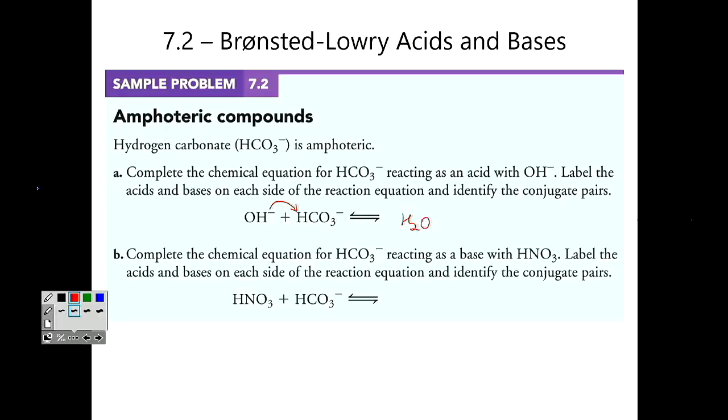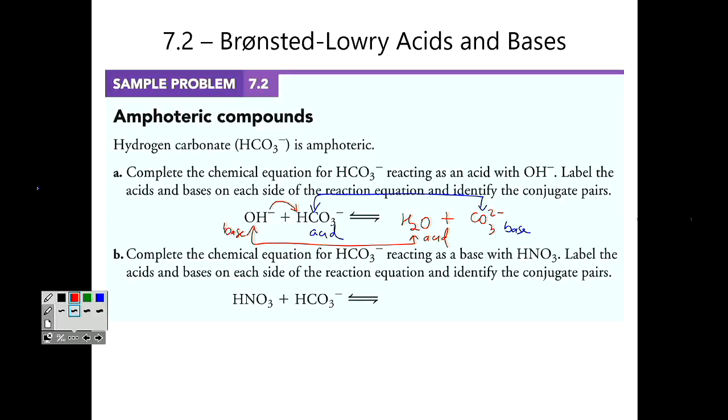In doing so, of course, it becomes water, and then what you end up with is carbonate, right? This here is a conjugate acid-base pair, and then, of course, the carbonate-bicarbonate is another pair. The bicarbonate is the acid, the carbonate is the base in that pair, and then, of course, hydroxide is the base in the first instance, and water will be the acid in this, if that reaction were to go backward.